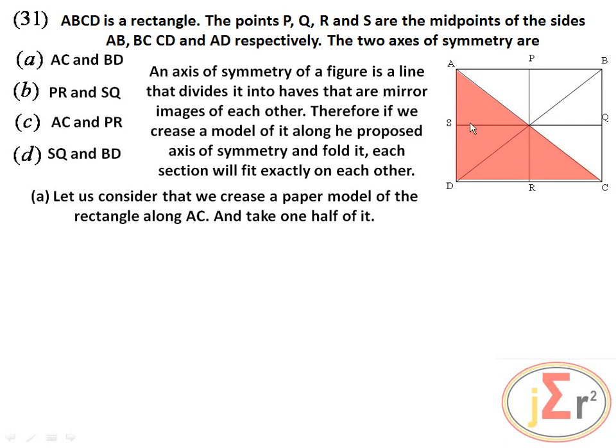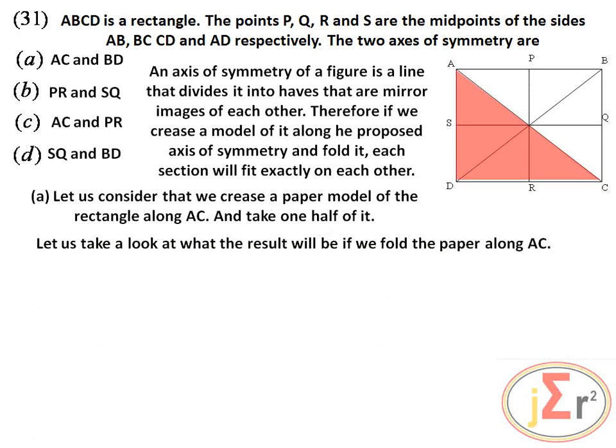If we fold this figure with this line as the center, then this one will fit exactly on the other if AC is an axis of symmetry. But let us see what will happen.